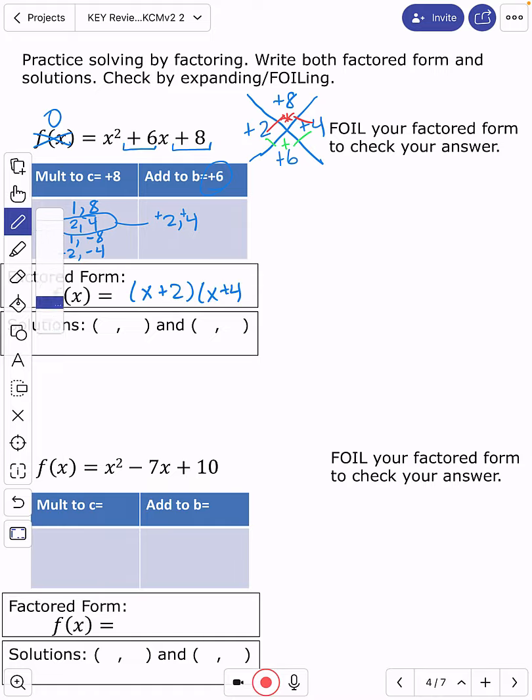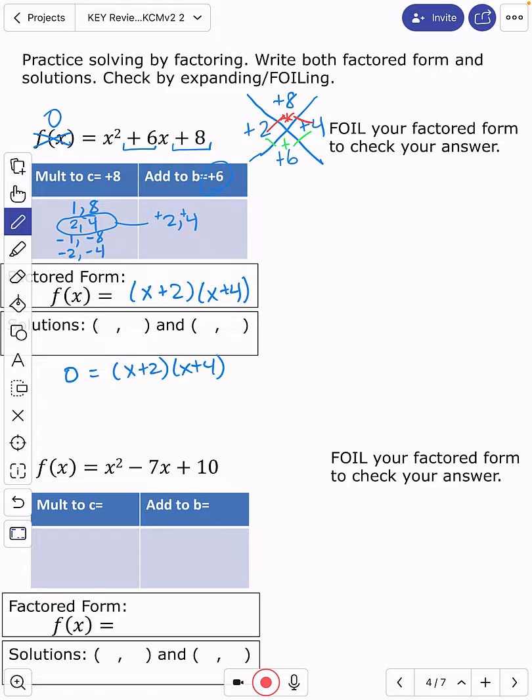The solutions, though, the place where this is equal to 0, so we have 0 is equal to x plus 2 times x plus 4. Essentially, x squared plus 6x plus 8 is equivalent to x plus 2 in parentheses times x plus 4.